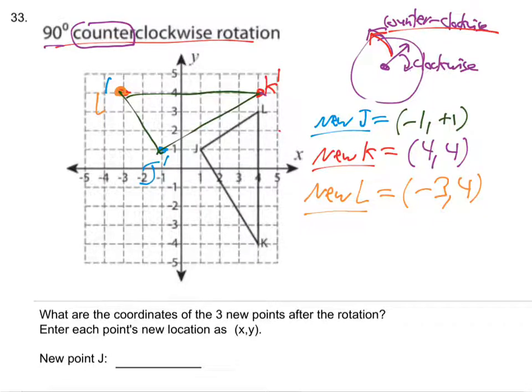There's the new triangle after we rotated counterclockwise 90 degrees about the origin. So we rotated about the origin 90 degrees counterclockwise, and the whole triangle moved like that.